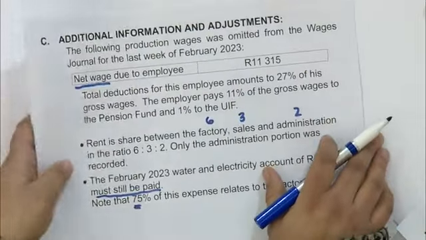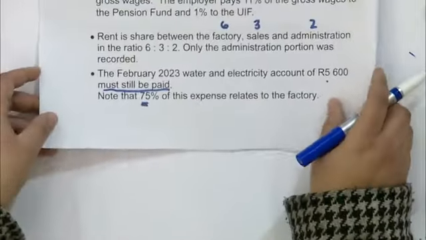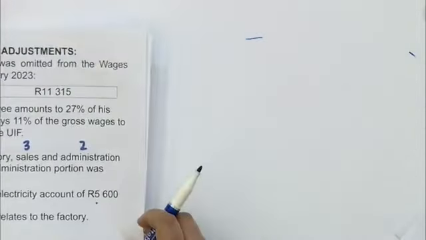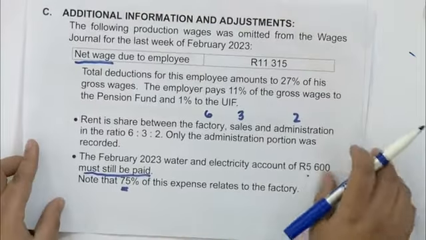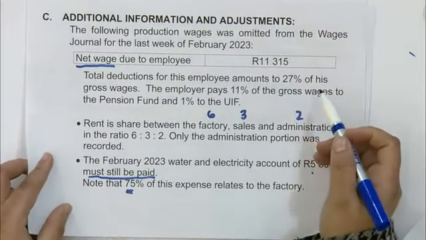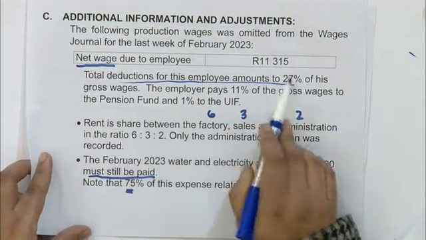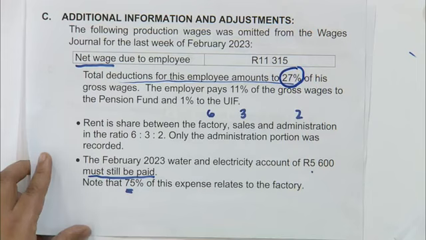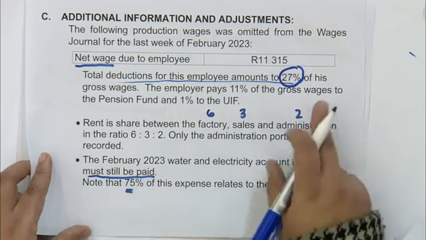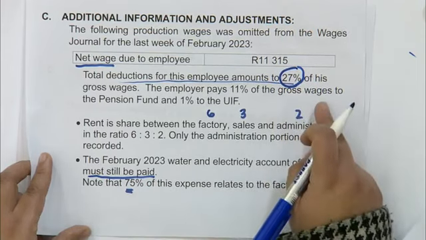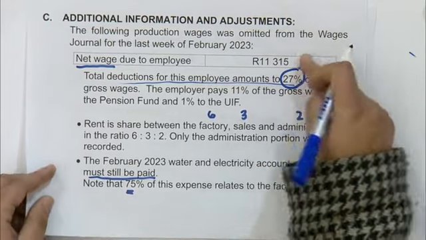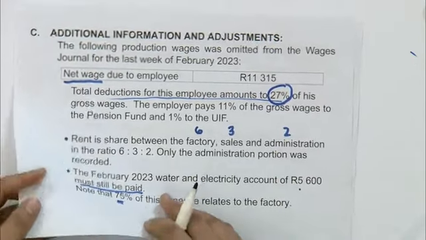So here we have our net wage, and this is the information given to us. Our net wage after deduction is 11,315. They tell us that the total deductions for this employee amount to 27%. So it's 27% less than what that person would normally have gotten.